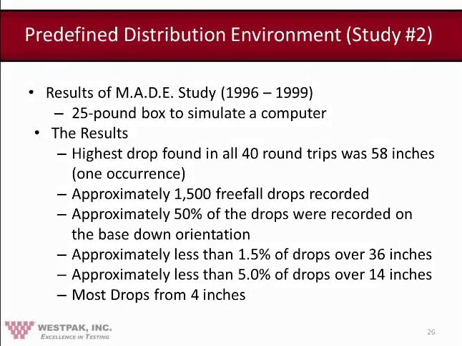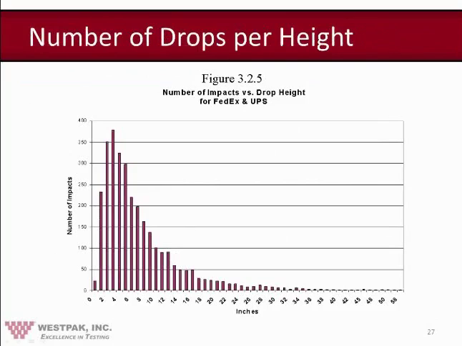Approximately 50% of the drops were recorded on the base down orientation. Approximately 1.5% of the drops were over 36 inches, and less than 5% of the drops were over 14 inches. Most drops occurred around the 4-inch mark. Data is always better analyzed in a table or a graph, and this is a graphical representation of what I just explained.